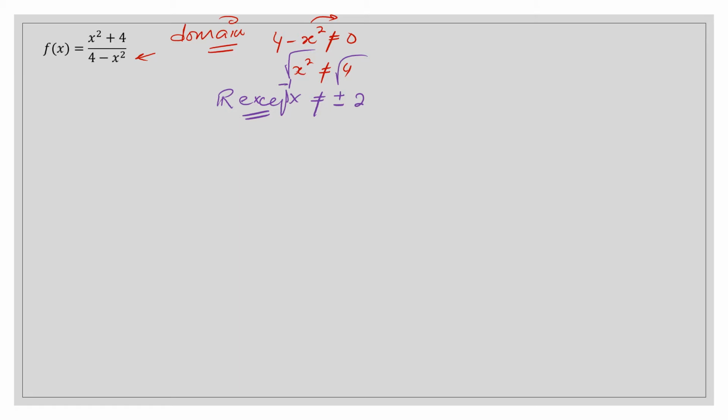And what is plus minus 2? So plus minus 2 is actually the discontinuity in the graph, and using previous knowledge you can see that plus minus 2 are the vertical asymptotes of this graph.